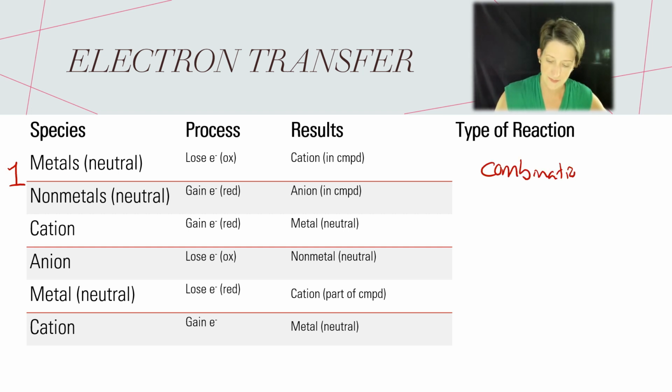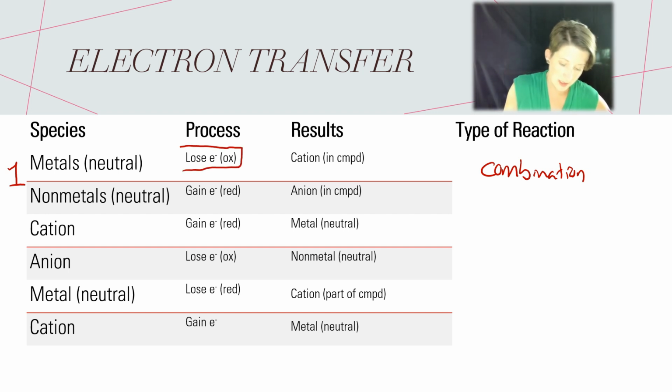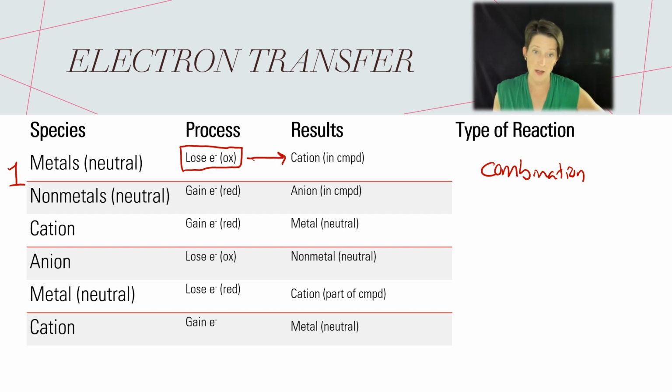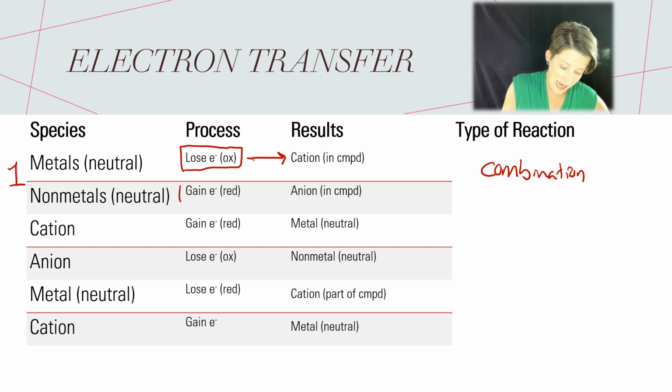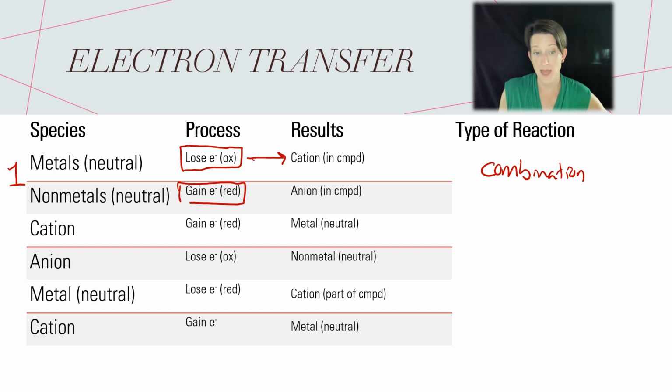Combination or synthesis. So we are forming one compound at the end, and in this compound we are going to have ions. So we're going from neutral species to an ion. Metals lose electrons, therefore they are oxidized to form the cation in that compound. Nonmetals gain those electrons that were lost by the metal to form the anion in that compound.